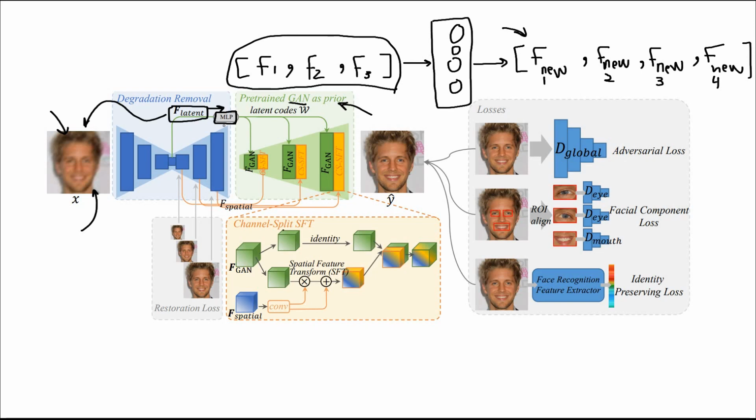So here we should make this multi-layer perceptron have 4 nodes. We will pass these 3 features and map them to this new feature vector, which has 4 features. And the values of these features will be suitable to this GAN.